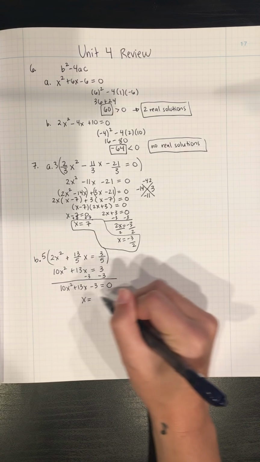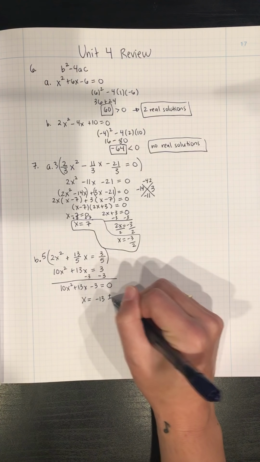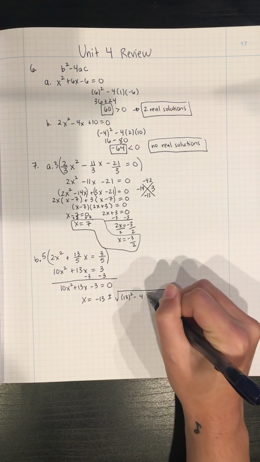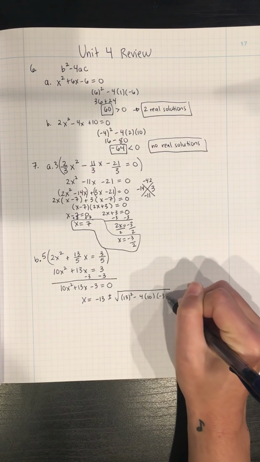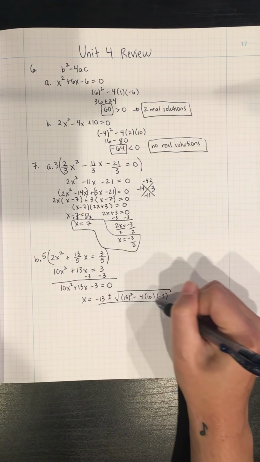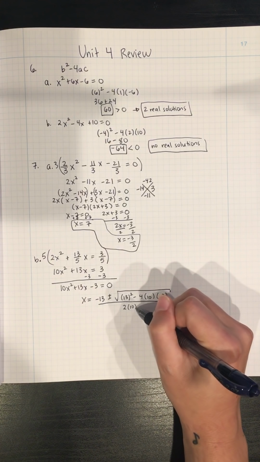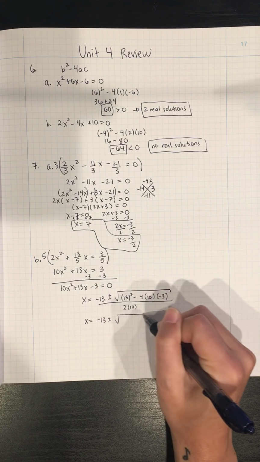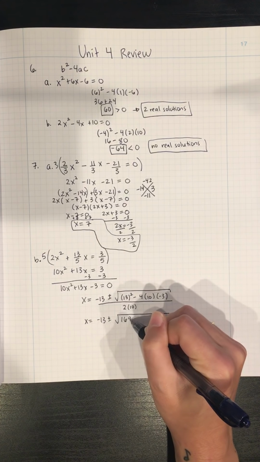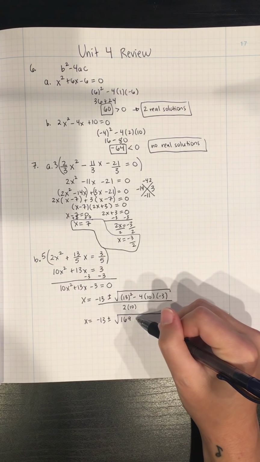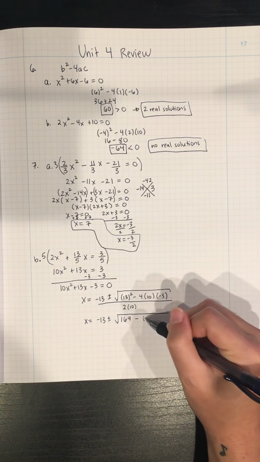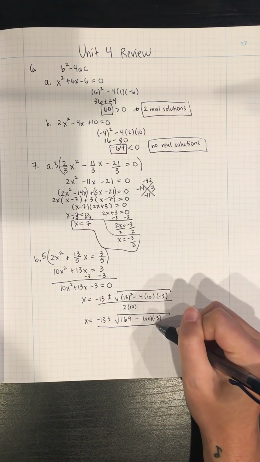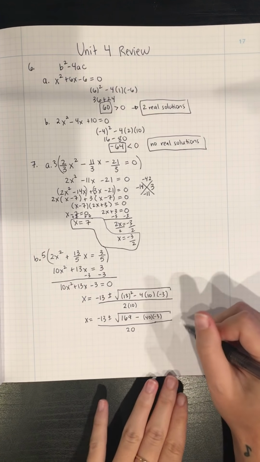So x equals negative b would be negative 13 plus or minus the square root of b squared would be 13 squared minus 4 times a times c all over 2 times a. It's negative 13 plus or minus, okay, so 13 squared is 169. And then this is minus 4 times 10 is 40 times negative 3 over 20.